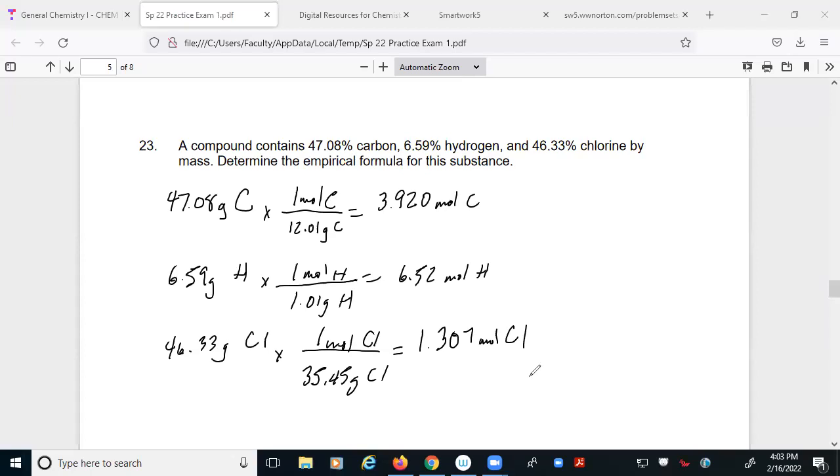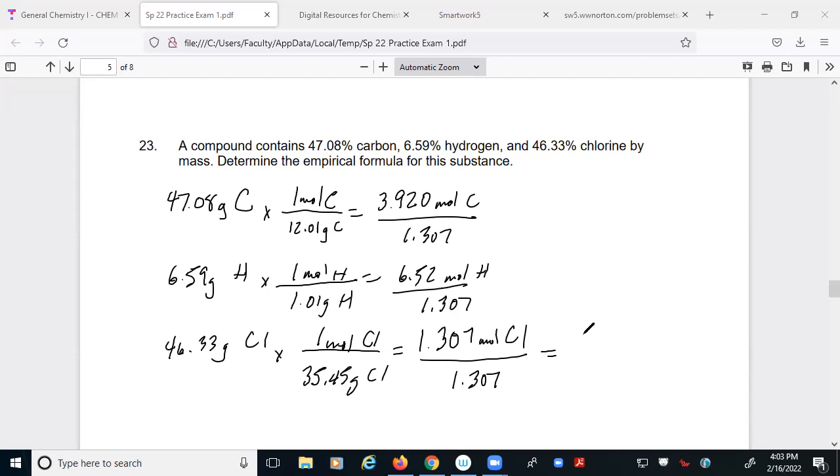We've converted everything into moles. Now we need to start to reduce the fractions. To do that, we need to divide by the smallest number. So divide everything by 1.307.